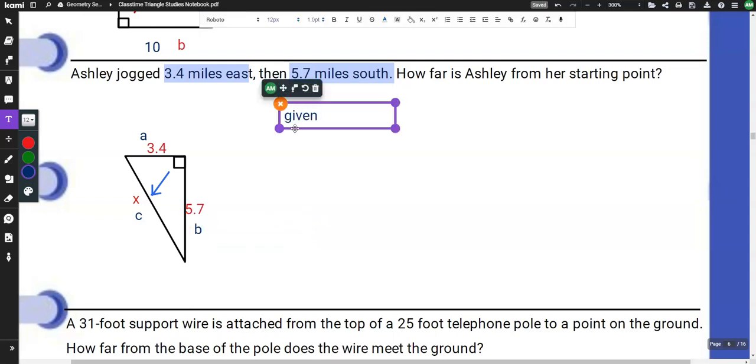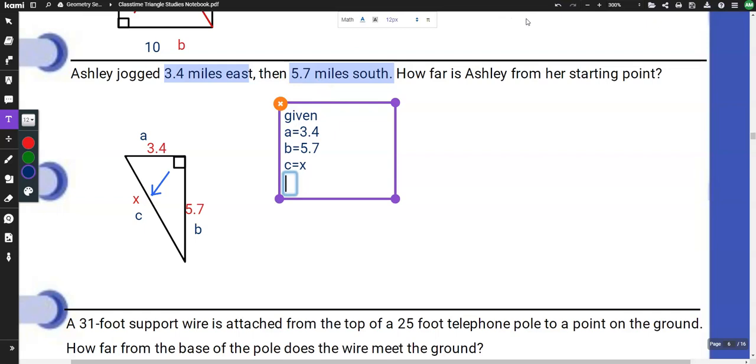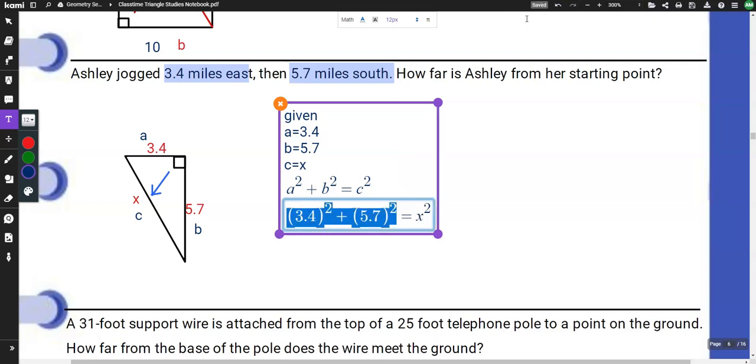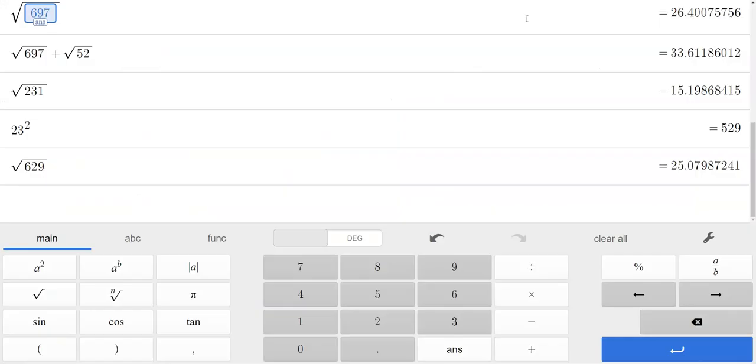List your givens. A is going to be 3.4, B is going to be 5.7, and C is going to be X. Use our same formula. A squared plus B squared is equal to C squared. Okay, we're going to take that and we are going to run it through our calculator.